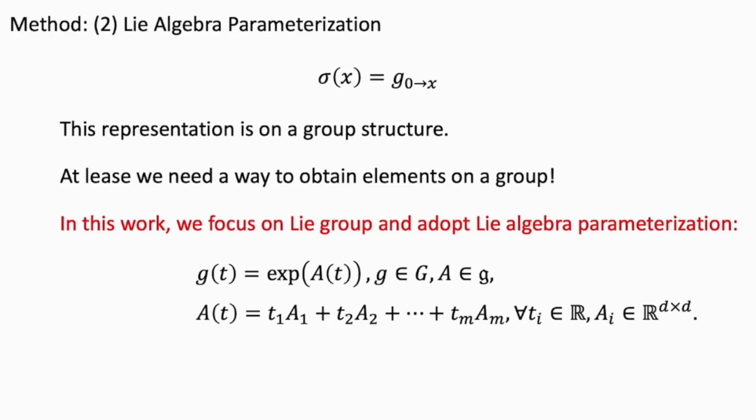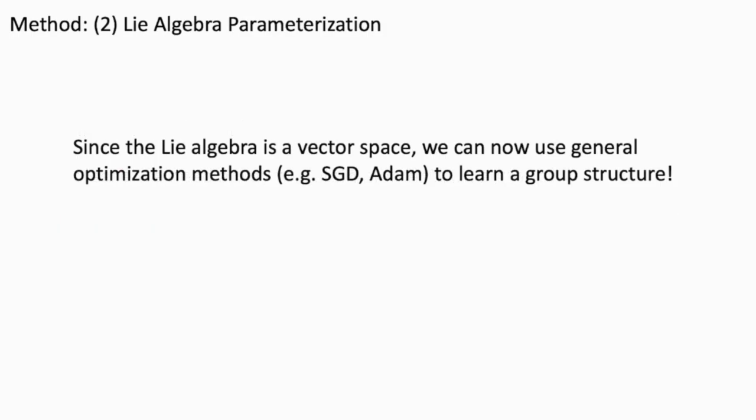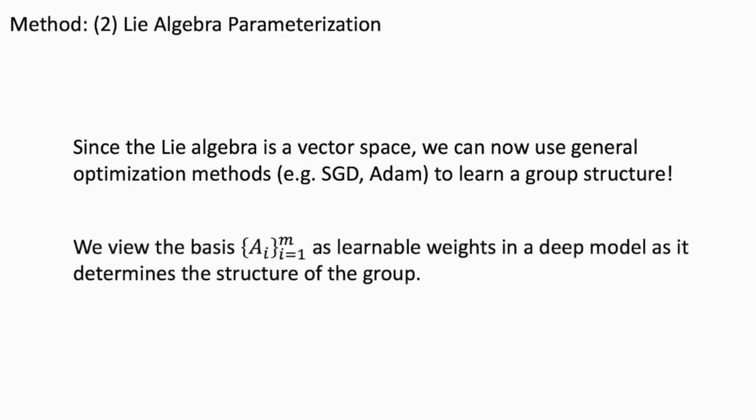In this form, a group G is defined through a vector space A, which is called the corresponding Lie algebra. As A is a vector space, we can now do general optimization such as SGD on this space. We can view this basis A as learnable weights in a deep model as it determines the structure of the group.